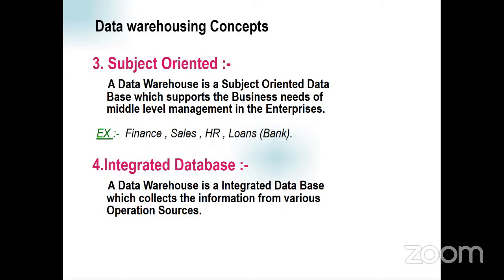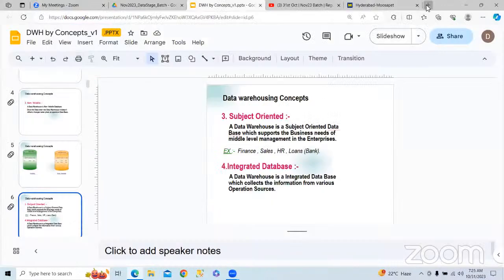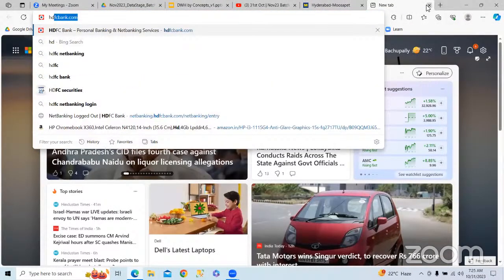At the organization level, we'll have department heads, finance head, sales head. If you take an example of banks, a bank has various products, like loans, credit cards, accounts. Accounts are different categories like current accounts, saving accounts. Just an example, I will show you.